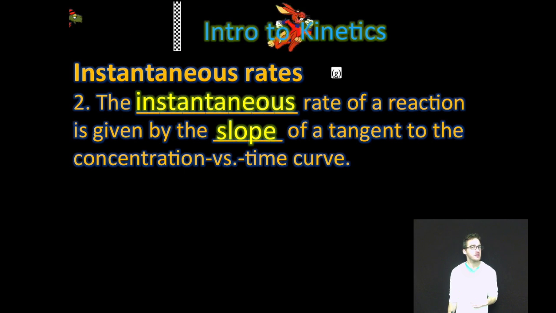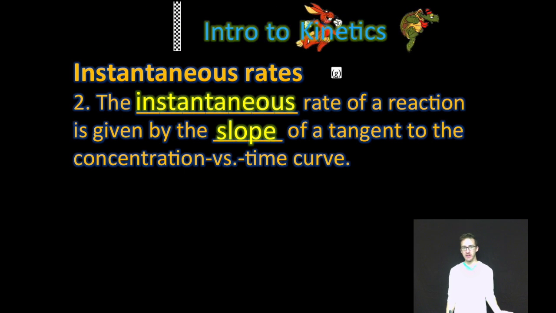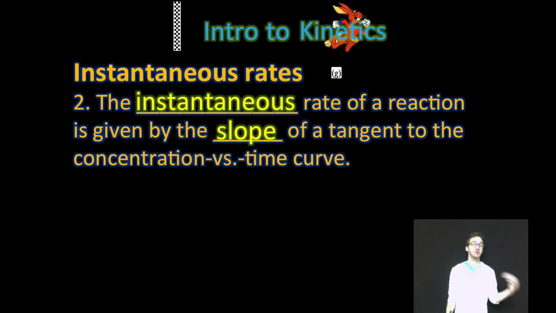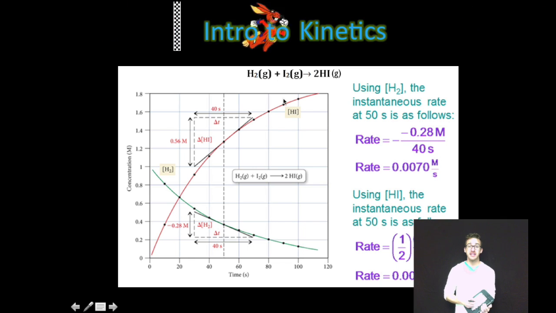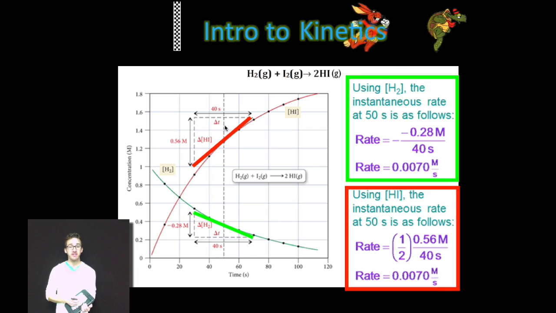Therefore, we often look at the instantaneous rate of a reaction, which is given by the slope of a tangent to the concentration versus time curve. And again, as you look at this image, you are given a couple of lines tangent to each of the curves to determine the slope, and therefore the instantaneous rate of change at that given time.